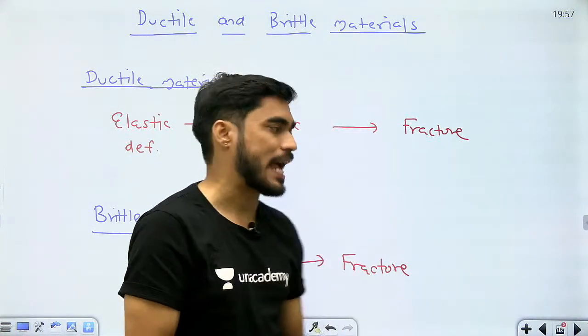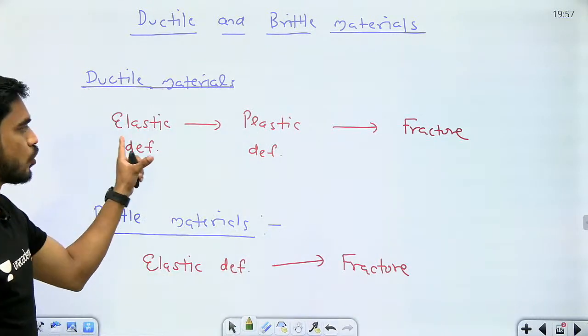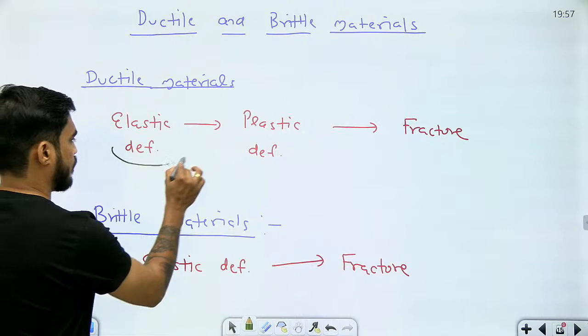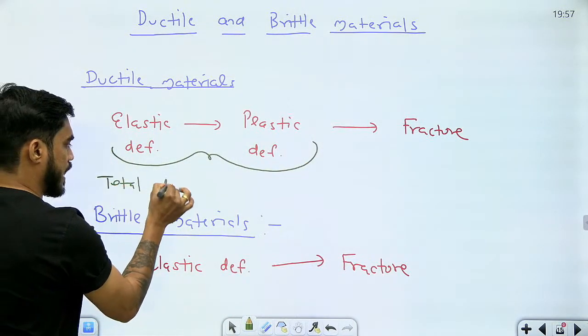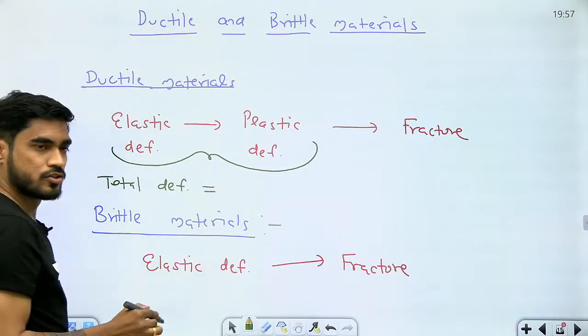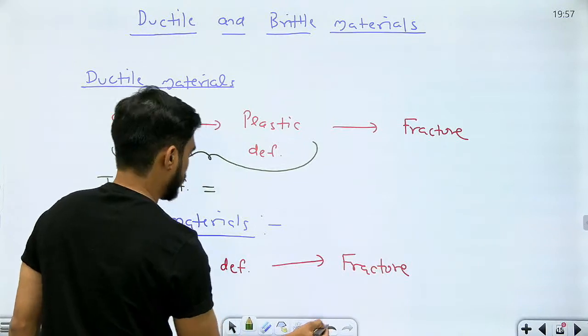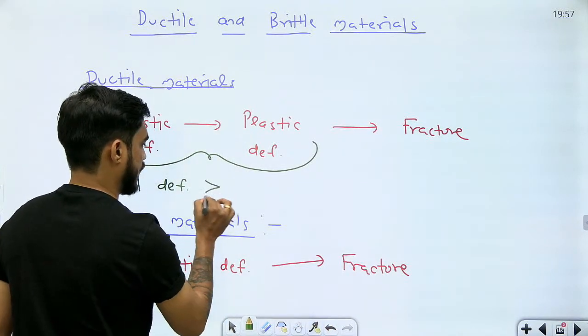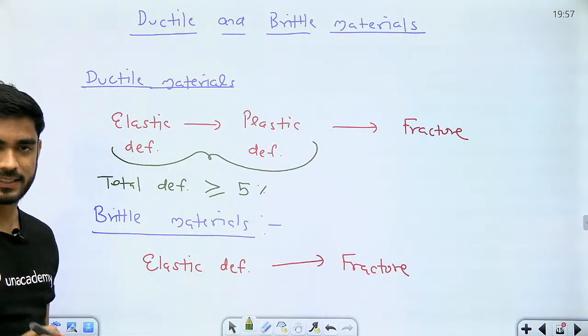Now due to this, what happens? In case of ductile material, the total deformation is the sum of these two, right? Total deformation is the sum of these two. So this total deformation is equal to or greater than 5% of original length.